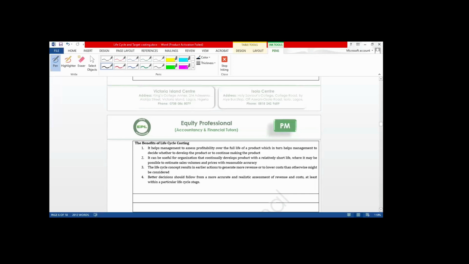The costing system is useful for organizations that continually develop products with a relatively short life cycle. Life cycle costing is very useful for companies that continually develop products with short life cycle.